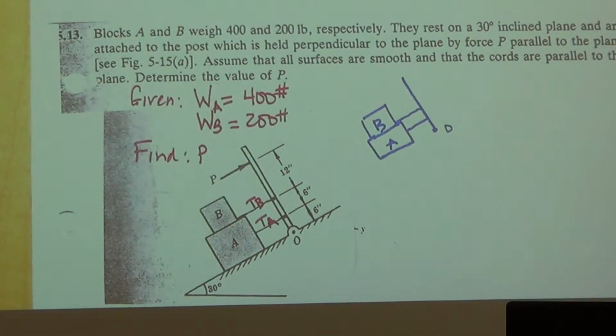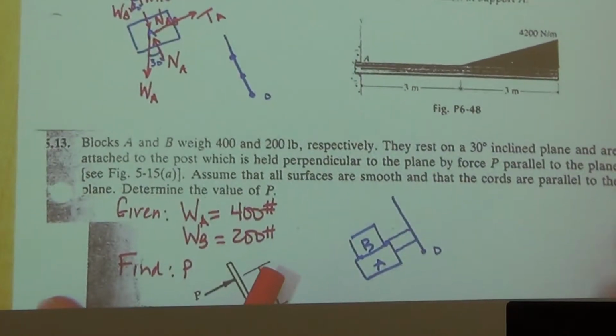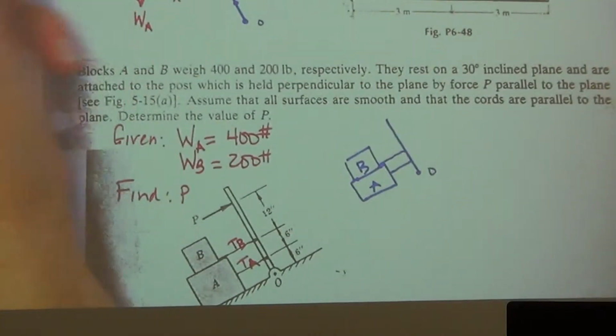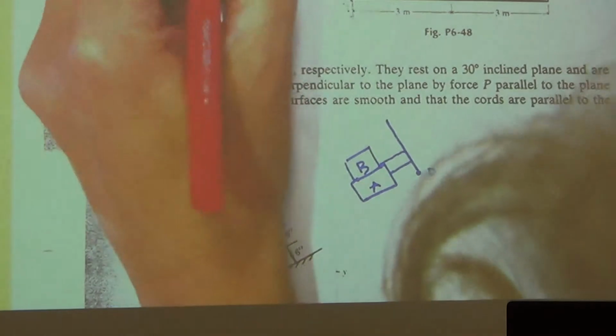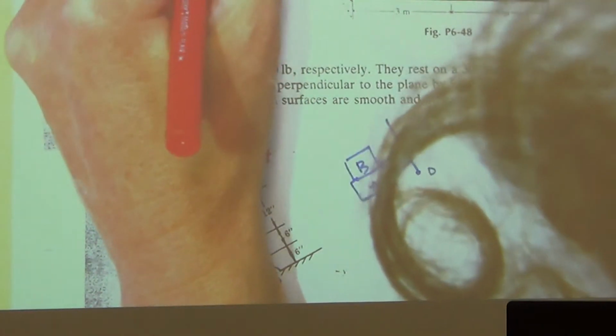Okay, Sam, what should I put in the free body diagram of AB now? Putting these two guys together. Weight A, correct, and weight B. What else?